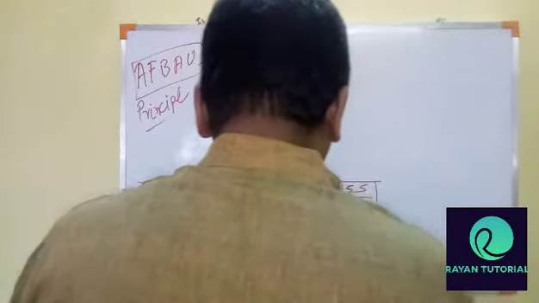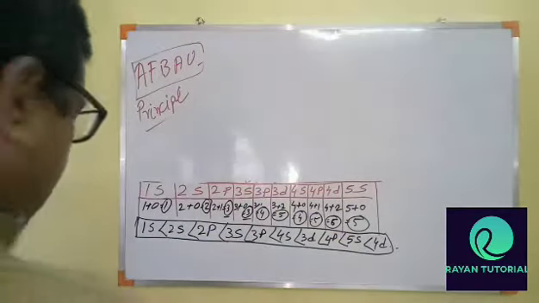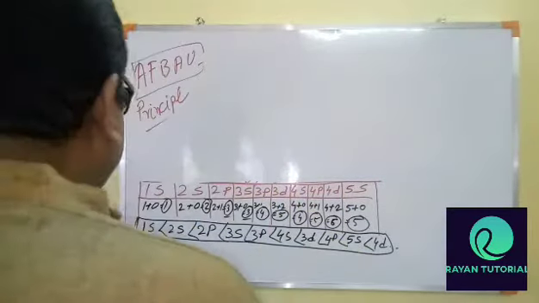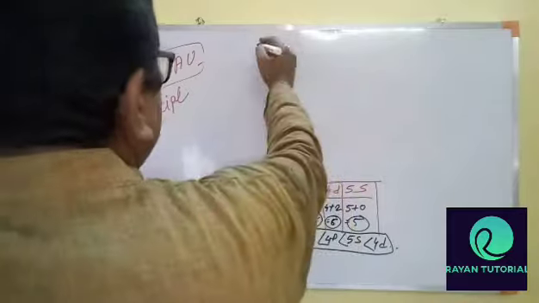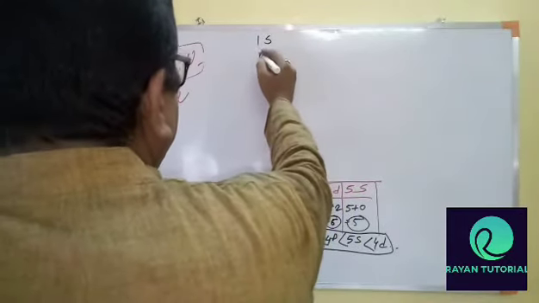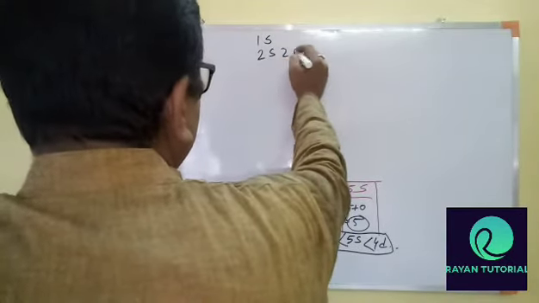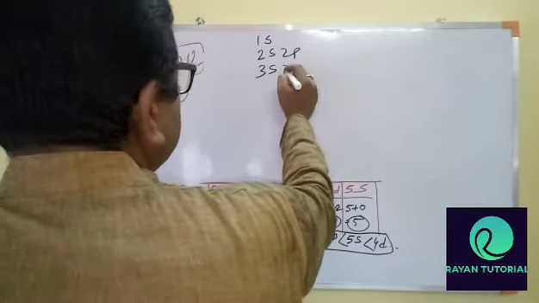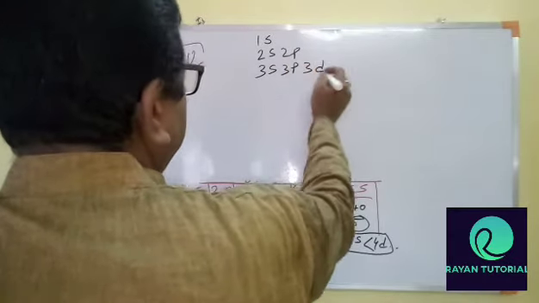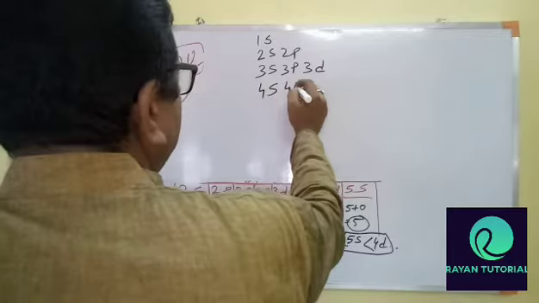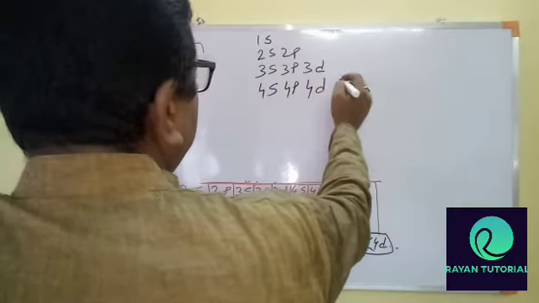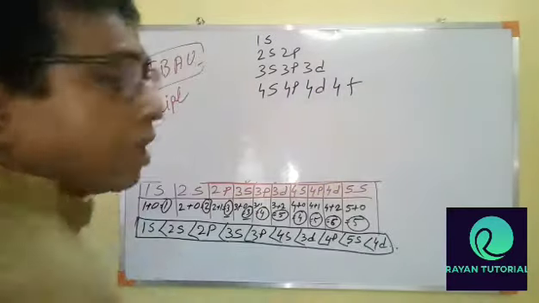So what we can do, first let us write like this. First is 1s, then 2s, 2p, then 3s, 3p, 3d, then 4s, 4p, 4d, 4f.